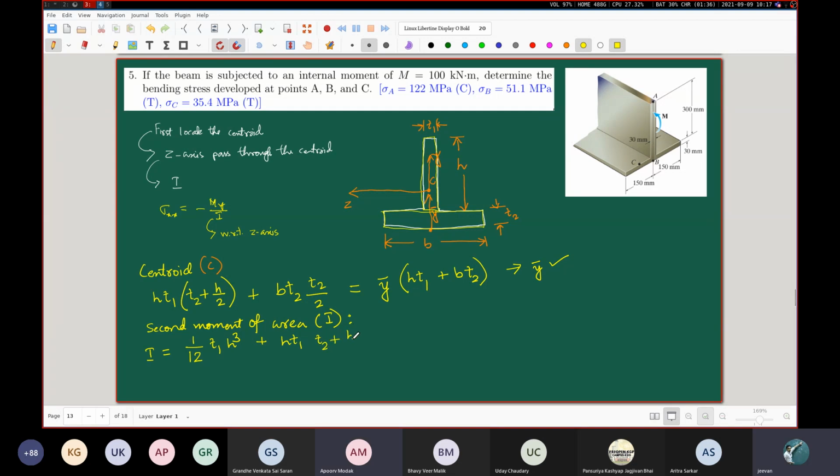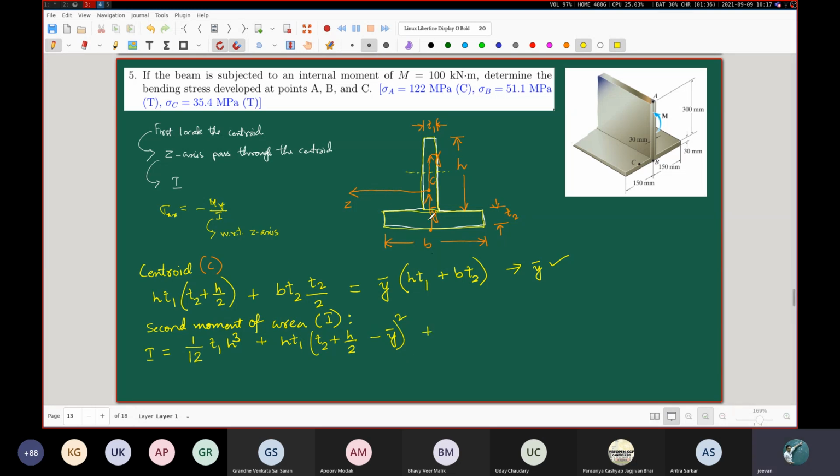T2 plus h by 2 takes us somewhere here, minus y bar. Is it not? Because y bar is the distance we calculated in the previous step when we found the centroid. That y bar is with respect to this bottom base, and this T2 plus h by 2 is also with respect to this bottom base. So we are good. So this is squared.